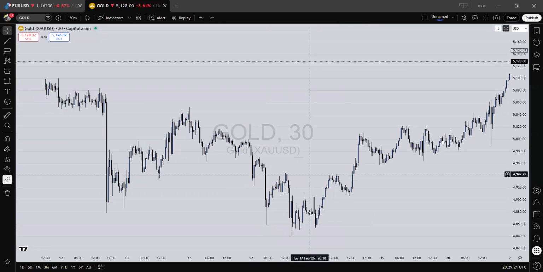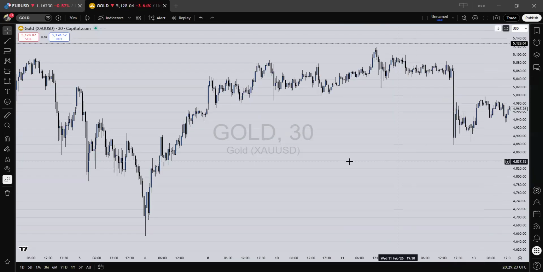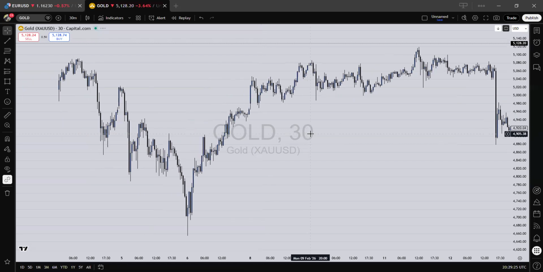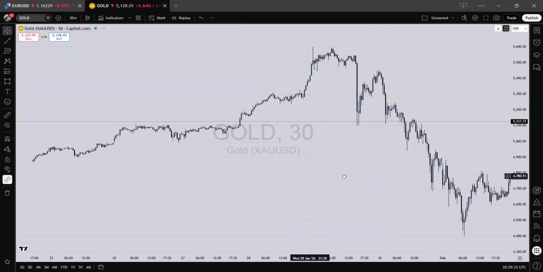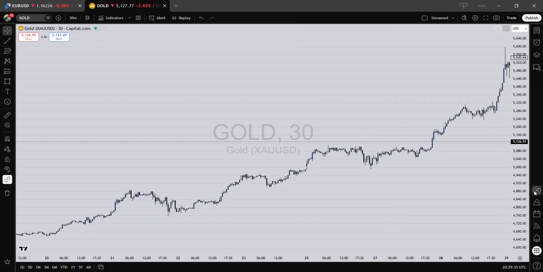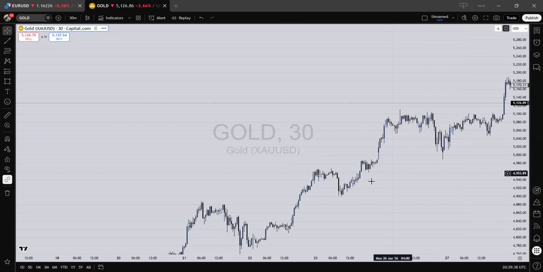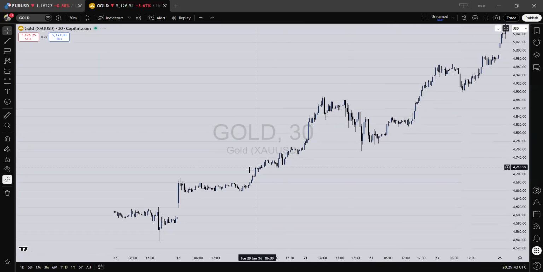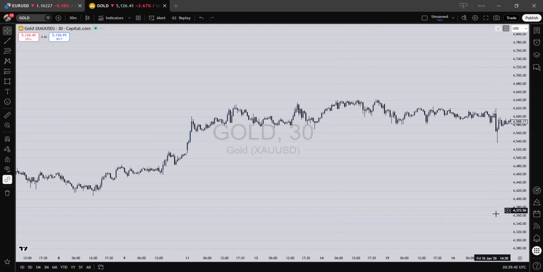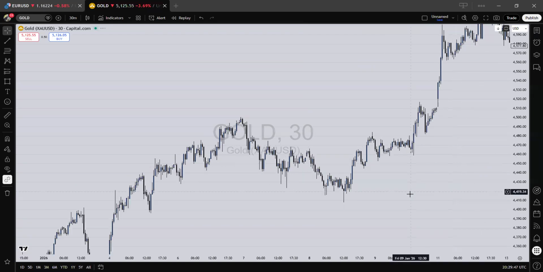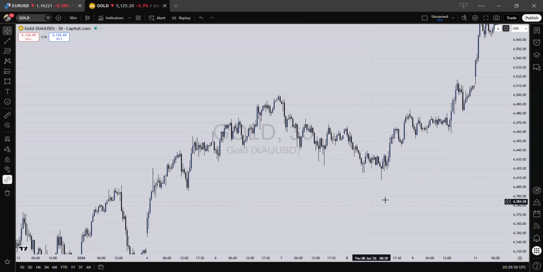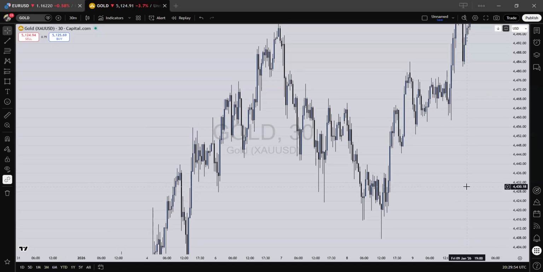I usually use these lower time frames for price continuation, that is when the trend is already established. So let's check for an example of what I mentioned earlier: price engineering liquidity inside the POI, and price engineering liquidity close to the POI.